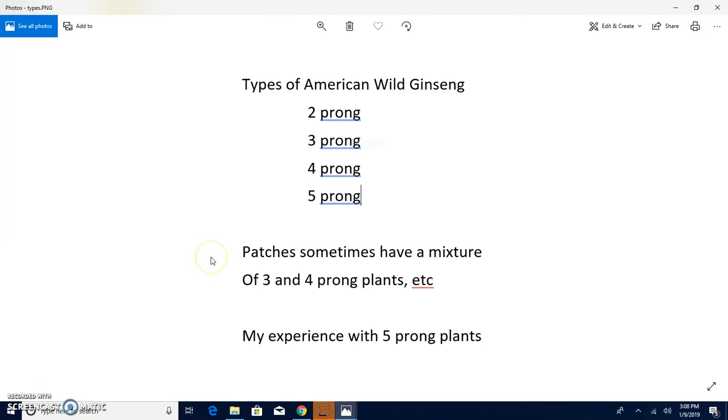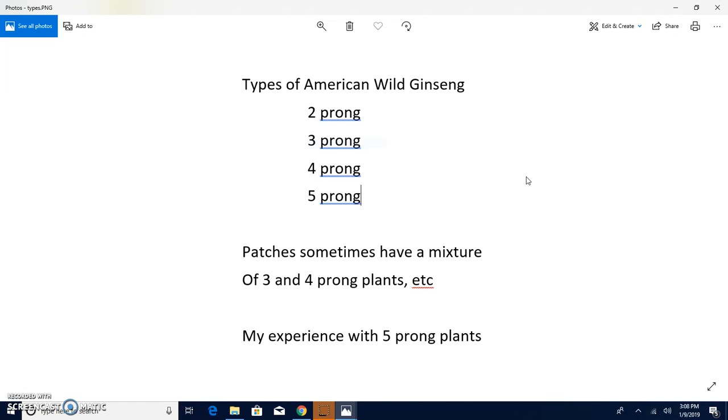I've run into patches with maybe four prongs and a couple of five prongs. The only five prongs I've run into, and only a few, were when I found a five prong, and in the same patch, just looking around, I found another. Generally, that's what you're going to have.